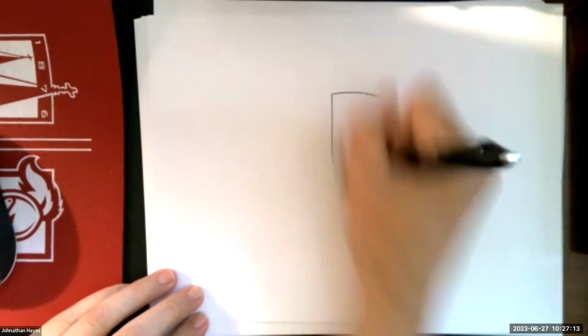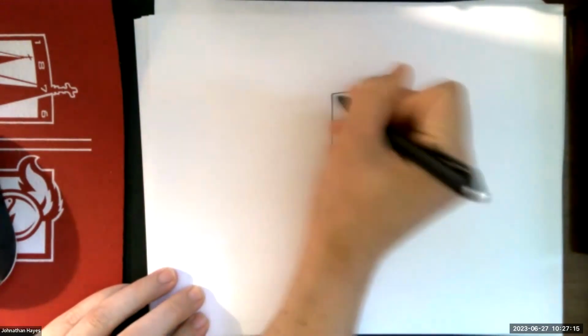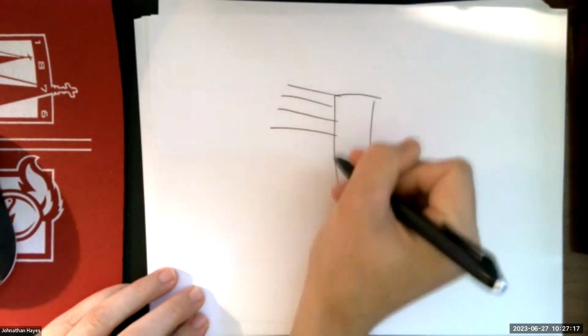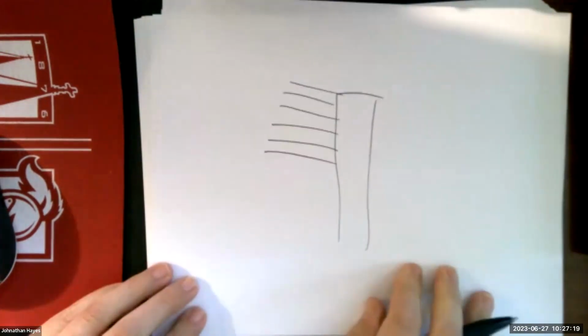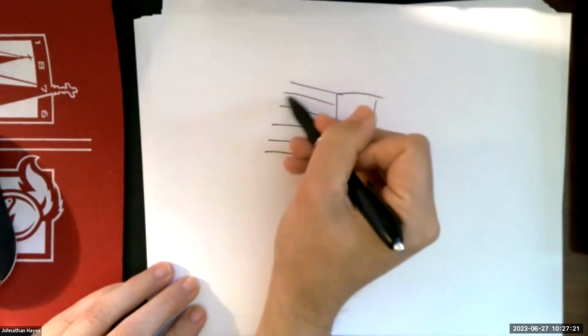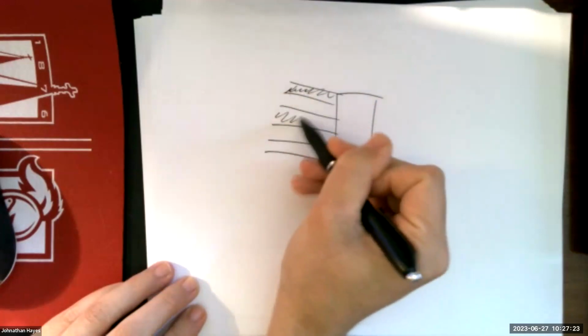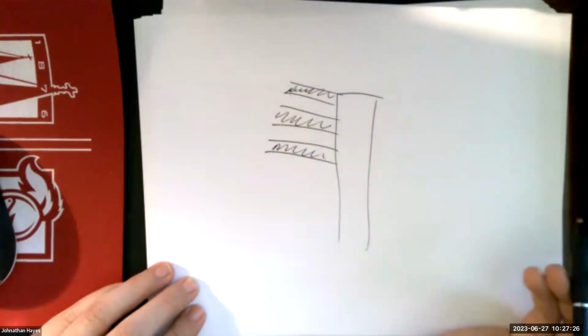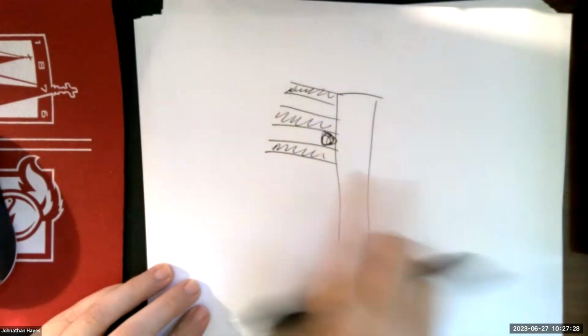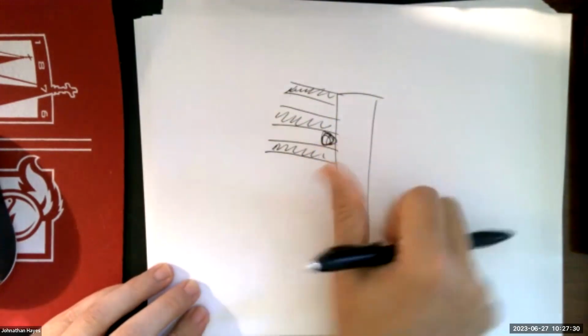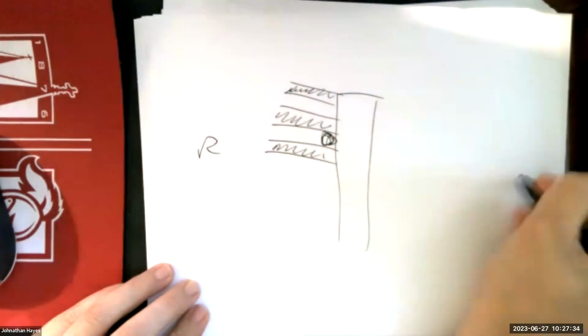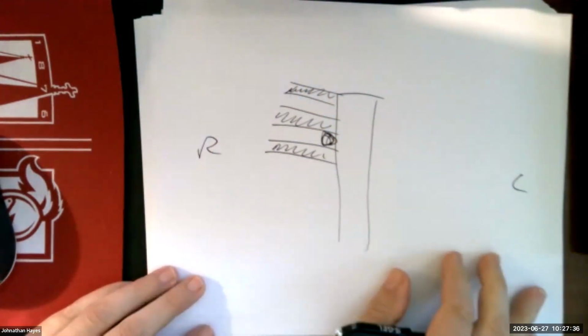So let's just imagine this is the sternum right here. Let's say that's rib 1. I know it's hard to see. Let me darken them. So that's rib 1, that's rib 2, that's rib 3. Here's your first auscultation point: second intercostal space, right side of the sternum, because the patient's facing towards you. So again, this is right, this is left, just like we draw the pictures of the heart.